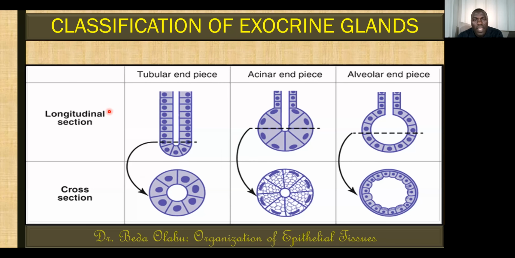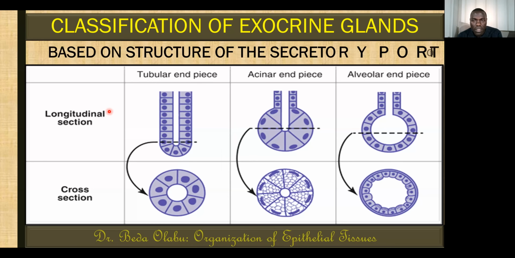We classify exocrine glands based on a number of things, and I'll be teaching you 4 concepts which we use to classify exocrine glands. The first concept is based on the structure of the secretory portion. Remember that the secretory portion is kind of the end of the gland, so some people call it the end piece.